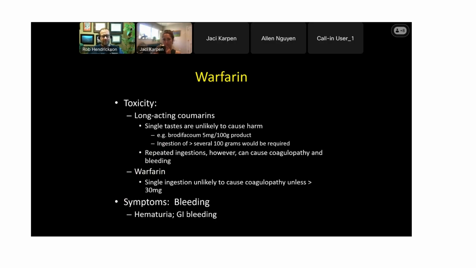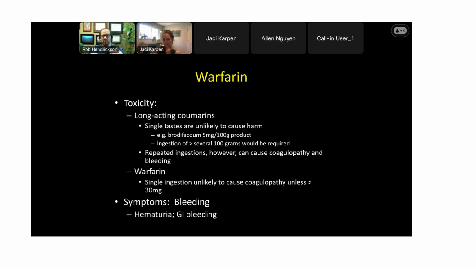So, as I was saying before, brodifacoum, the bane of existence for many decades. Brodifacoum and other rodent poisons, we saw a lot more of them in the past. They were very, very dilute. The average was 5 milligrams per 100 grams of product, which means that a child would have had to eat hundreds of grams of brodifacoum product to have a coagulopathy.